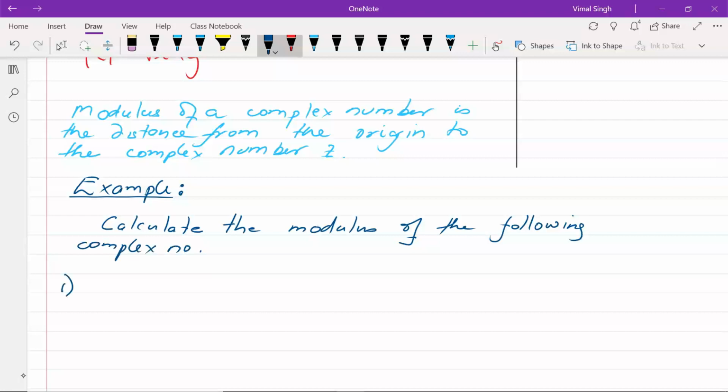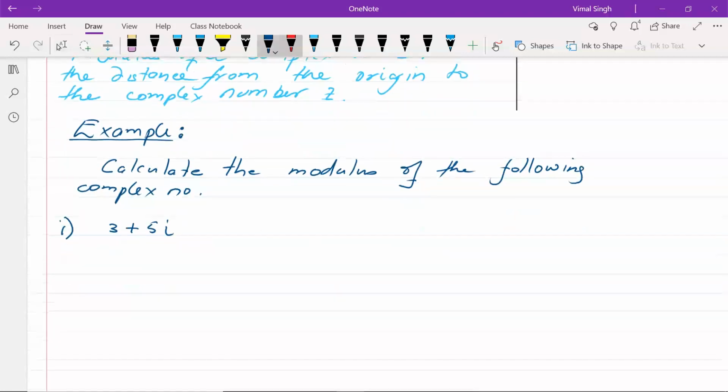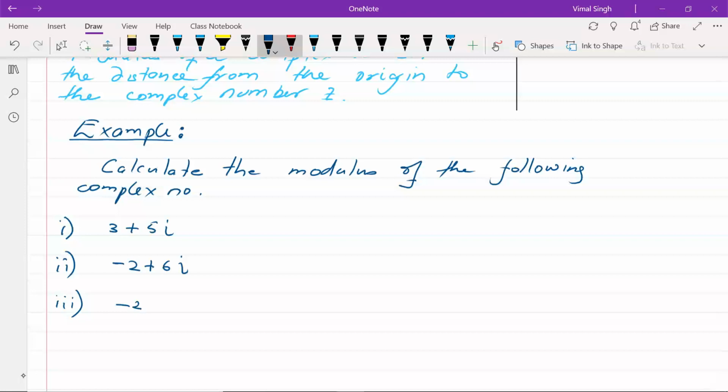The first one is 3 plus 5i. The other one we want to look at is minus 2 plus 6i. The third one is minus 3 minus 5i.